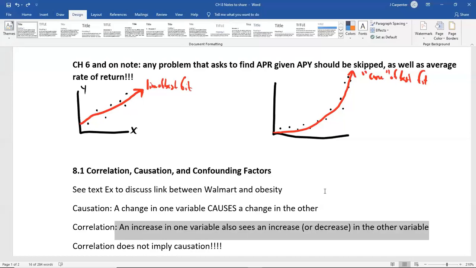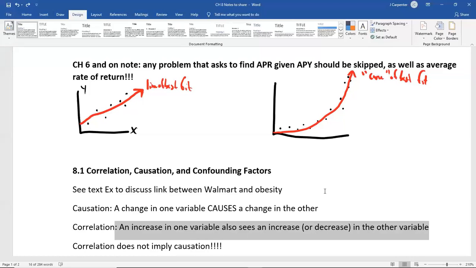But when we're talking about person A increases their fat consumption, and then you also see that person have more health problems, you might say, oh, okay, well, an increase in fat consumption causes health problems. So increasing fat decreases your health.